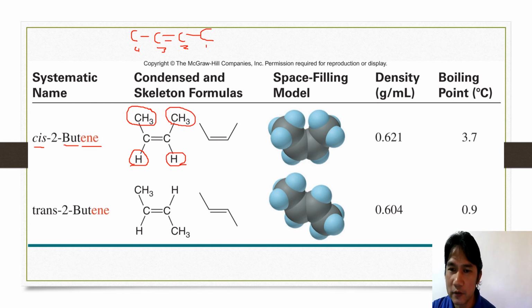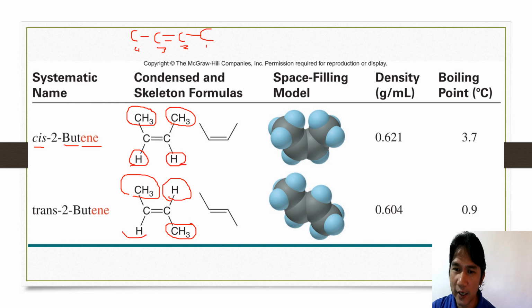Okay, the opposite, as you notice, when the methyl groups are at the opposite side, or also you can see that the hydrogen atoms are at the opposite side, you call that trans.